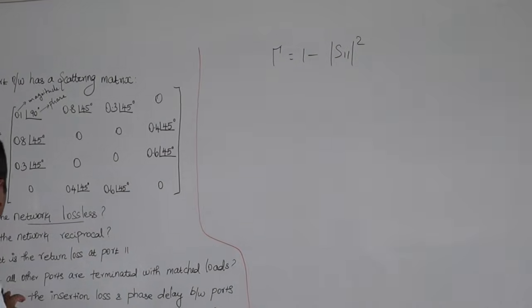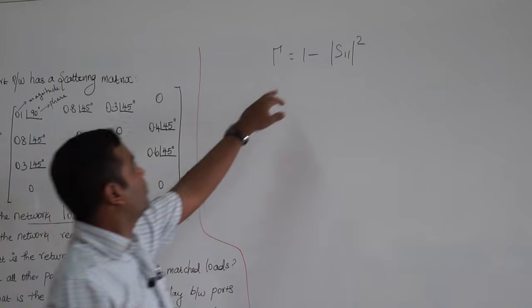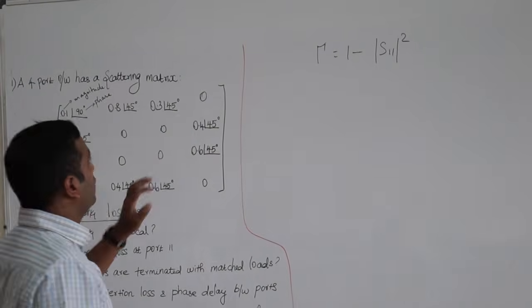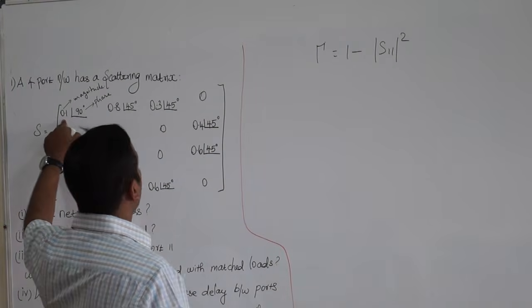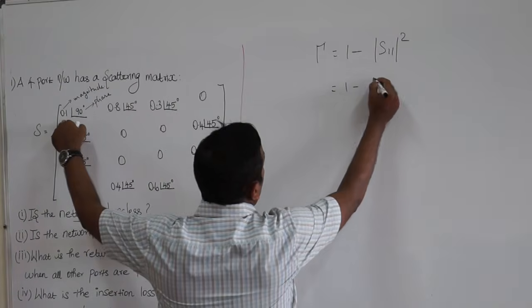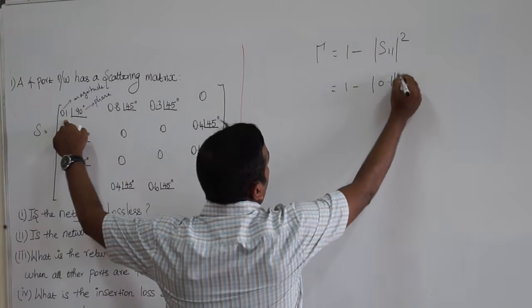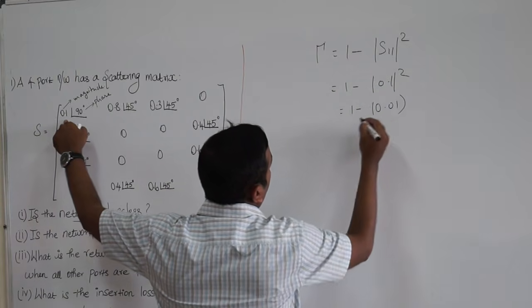We are interested in finding out what is the return loss at port 1. So it is 1 minus modulus of S11 squared. So if you take this, you will get the reflection coefficient. So what is S11? 0.1. So 1 minus 0.1 whole squared, which will be nothing but 1 minus 0.01.